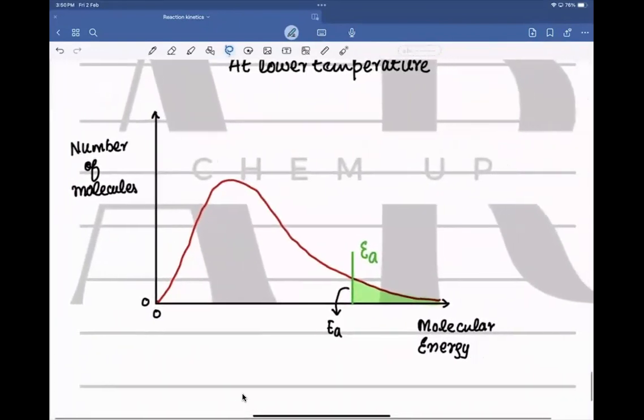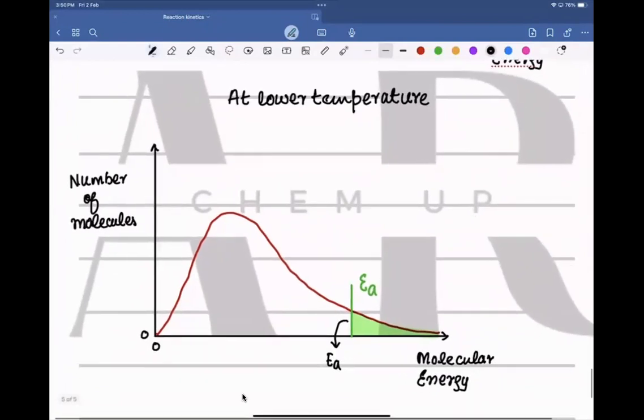So here, this is the curve at temperature T. And now we are going to see another temperature, which is 10 degrees lesser.